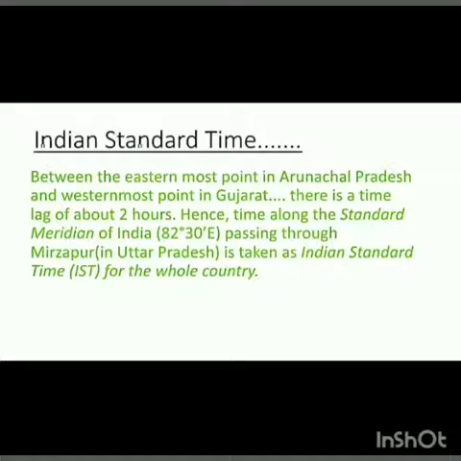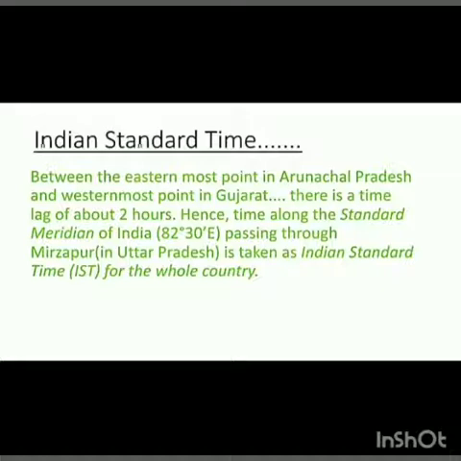So for 1 degree longitude it takes 4 minutes. So for 30 degree longitude it will be 30 multiplied by 4, that is 120 minutes. So there is a time lag of 2 hours.